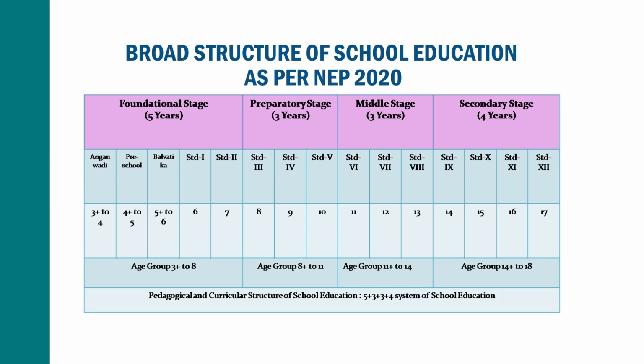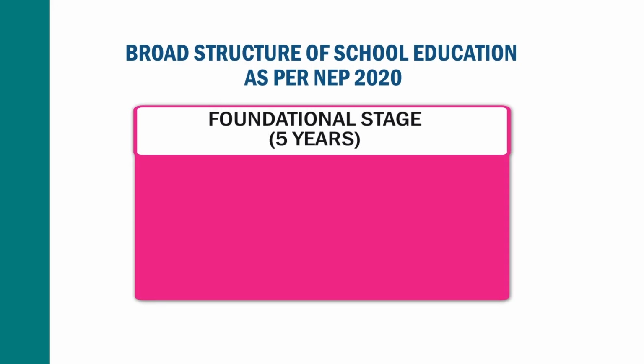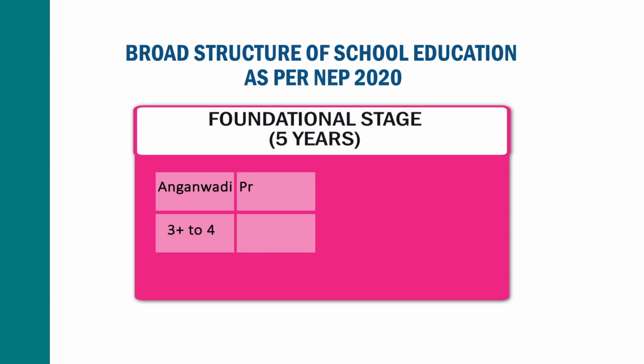of secondary stage education. And particularly, if I clarify about the age group, at the same time different classes in different stages of school education as per the recommendations of National Education Policy 2020, you will find that at the foundational stage, 5 years of foundational stage, the first class and first standard will be the Anganwadi.